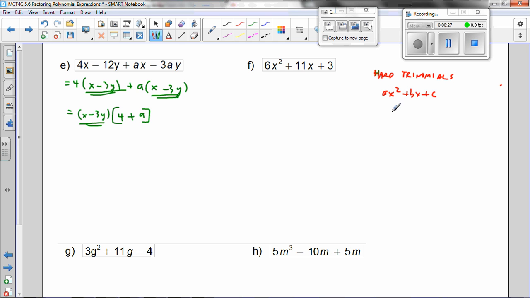It's something else. And it's hard because it's not as easy as just finding numbers that multiply to get 3 and add to get 11, because this 6 is in the way. And I don't know whether it's going to be 6x and 1 or 3x and 2 or 2x and 3 or 1, and they're hard trinomials.